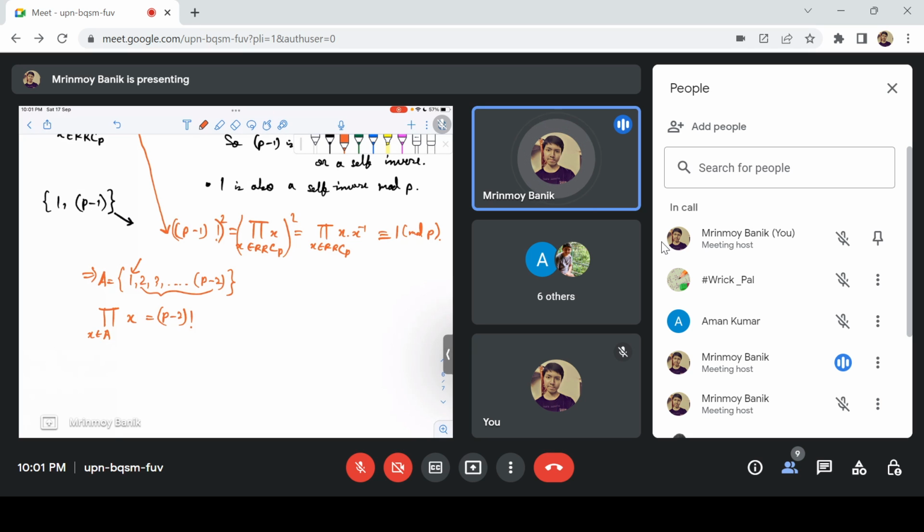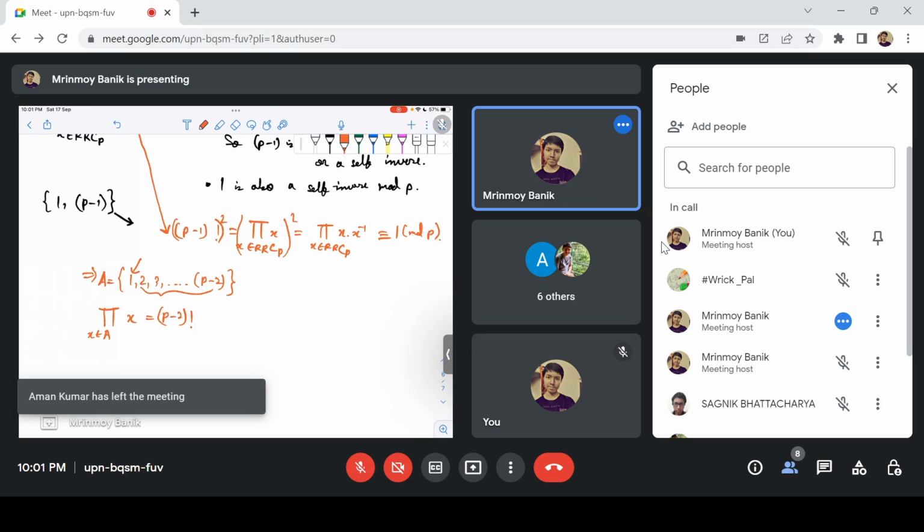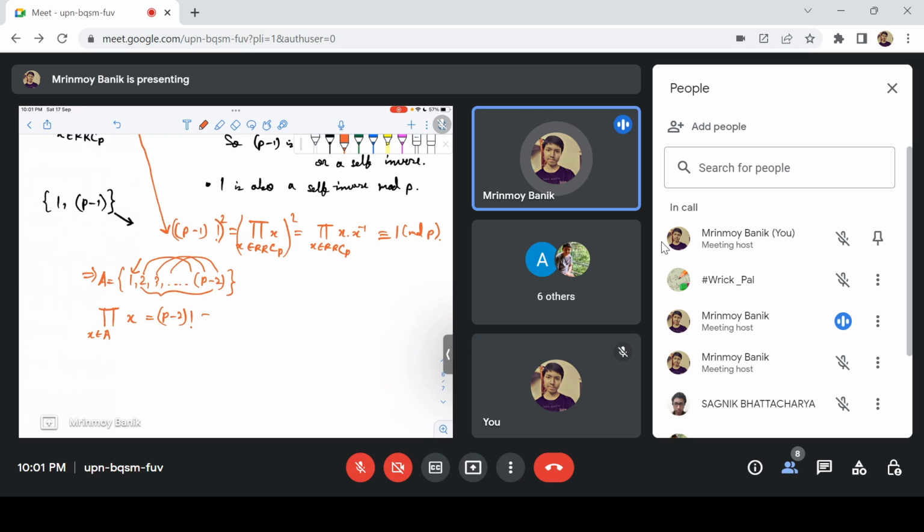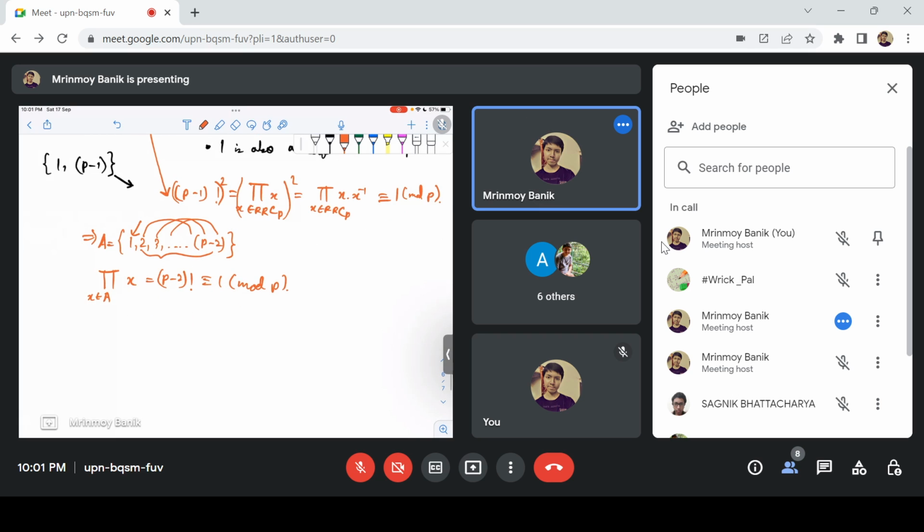So that's even number of things, I suppose. Yeah. So we can club 2 with its inverse, 3 with its inverse, and like that. So this is just 1 mod p again. Yeah, so that's how we prove p minus 2 factorial is 1 mod p.